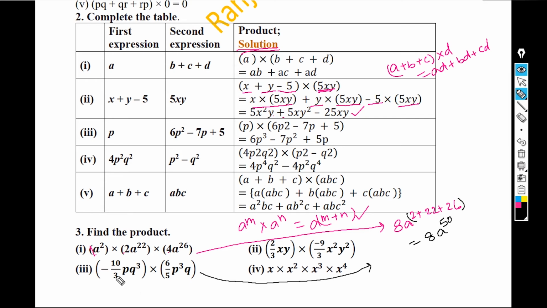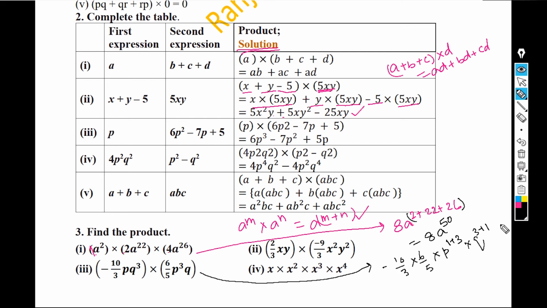The product of coefficients 10 by 3 into 6 by 5 into p to the power 1 plus 3 into q to the power 3 plus 1.